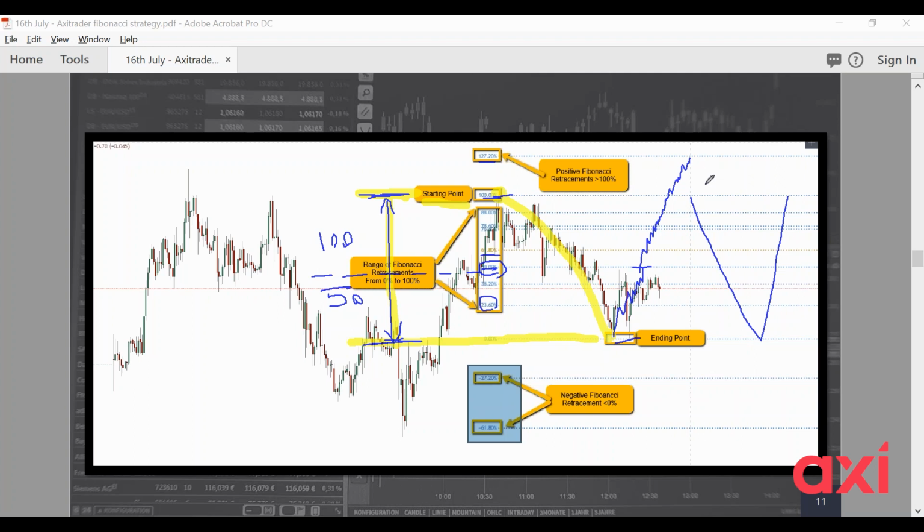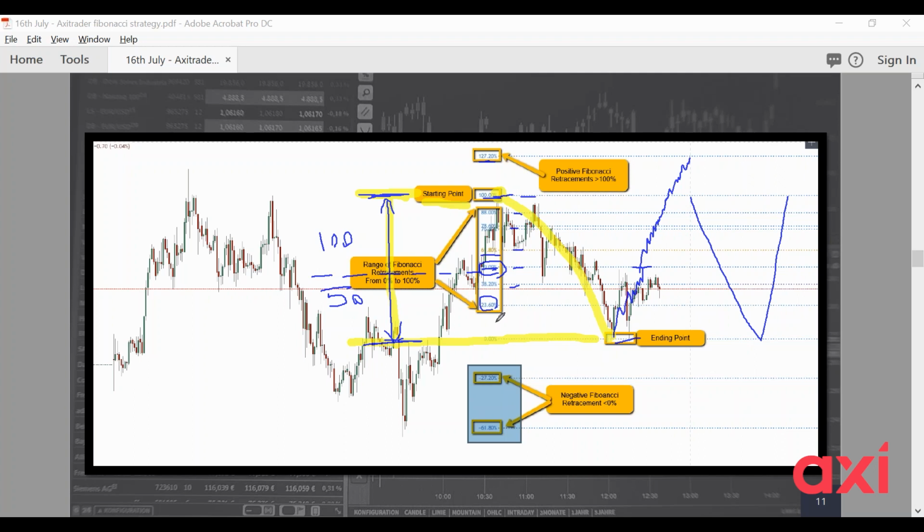So this is where it gets a little bit crazy. That means you need to look at price and think, okay, I can not only retrace all the way to 23, 38, 50, 61.8, 78, 88, 100%, but I can retrace beyond that and reach the 127%.